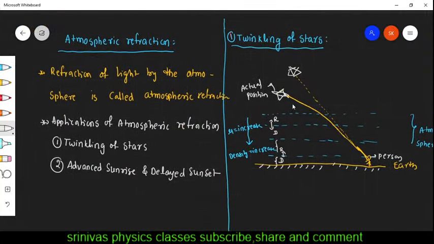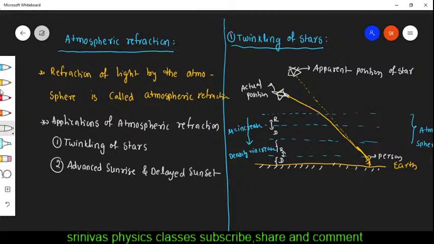That means the star appears a little above the actual position. This is the apparent position of the star. Why does the star appear a little above the actual position? The reason is the atmospheric refraction.